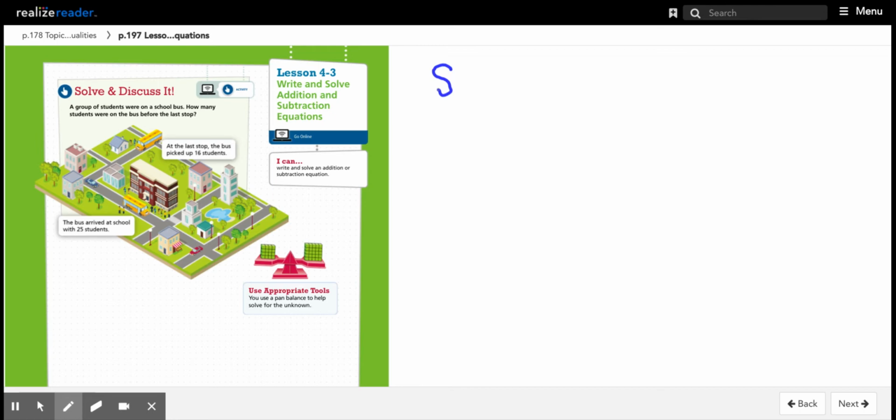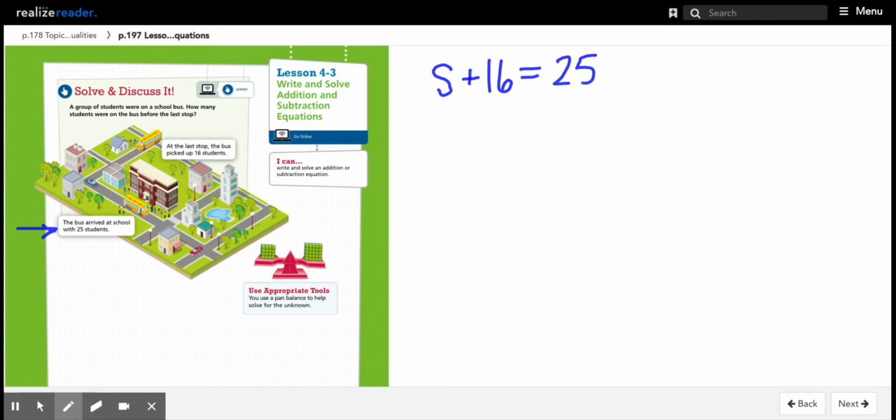We will be adding 16 because 16 more students are joining those S students that are on the bus. Then it says the bus arrived at school with 25 students. So there will be 25 total students on the bus. That is what we're going to set this equation equal to. So we will have S plus 16 is equal to 25 students.